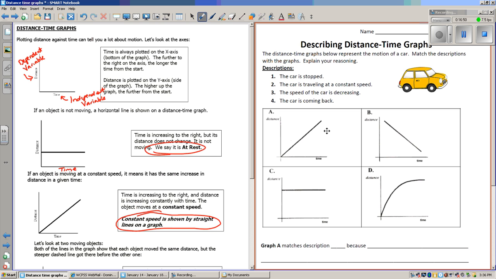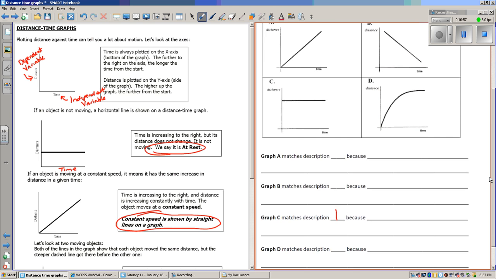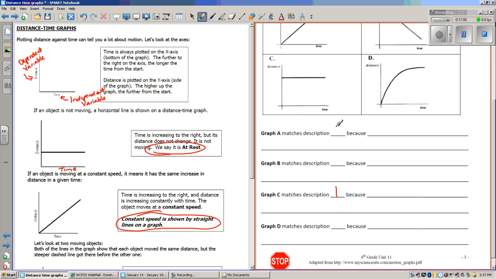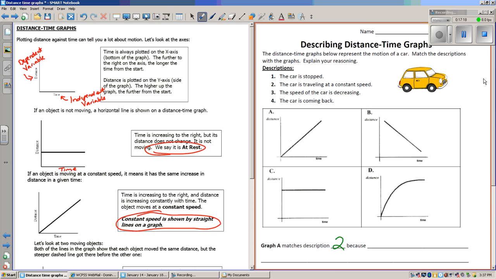We're not going back to where we started from. All right, so scenario 2 goes with graph A. Graph A matches scenario 2. I would like you to fill in, based on what we just talked about, the reason why. Use good vocabulary like constant, linear, things like that.